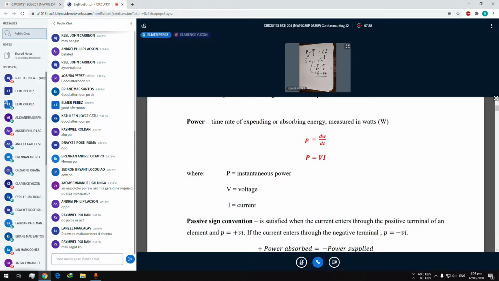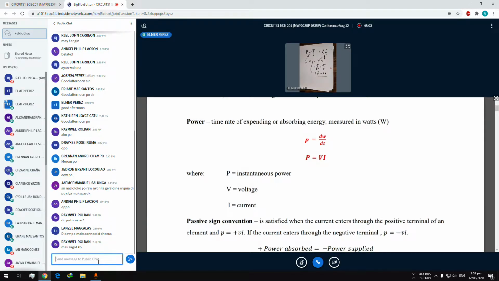Okay, at least, siguro nagkamali lang sila ng pindot, no? Yung 8 nagkamali lang. Okay, power is equal to energy over time. Ang time is scalar. Ang energy is also a scalar quantity. So therefore, power is also a scalar quantity.